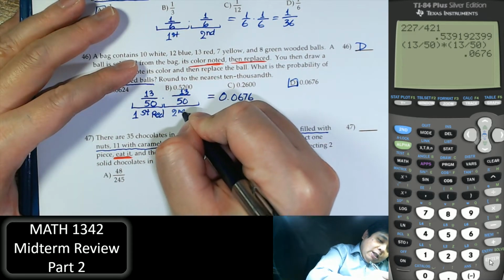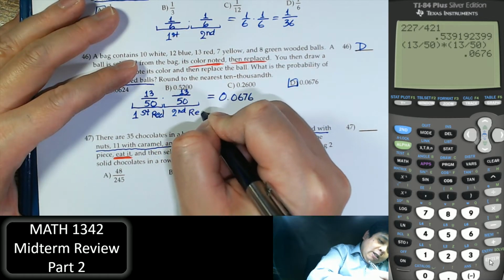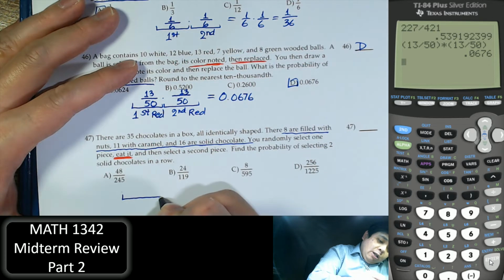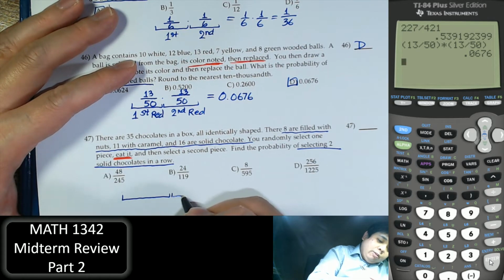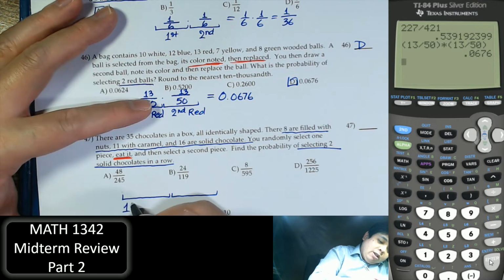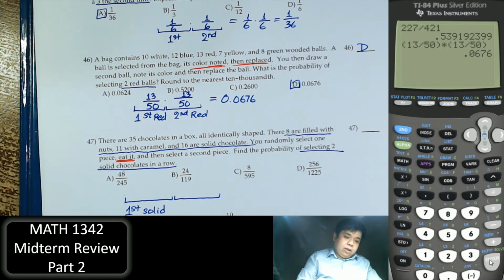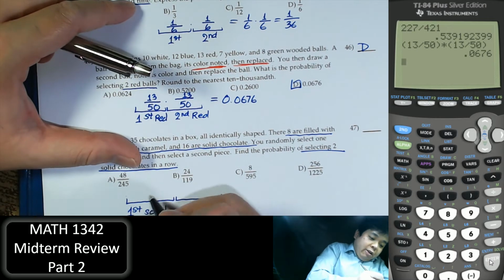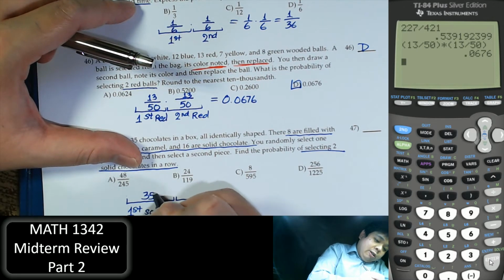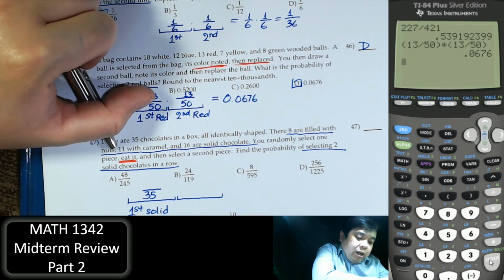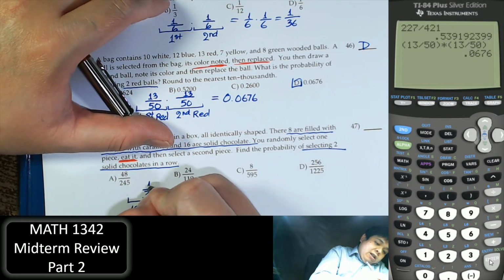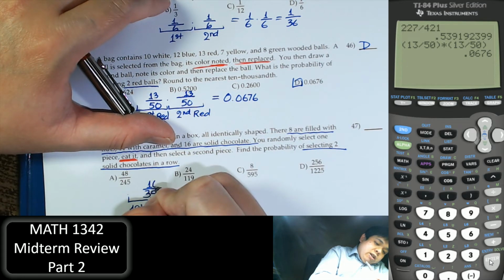First one. So we want 2 solid chocolates in a row. To get the first solid, the 35 total: 8 are filled with nuts, 11 with caramel, and 16 with solid chocolate.